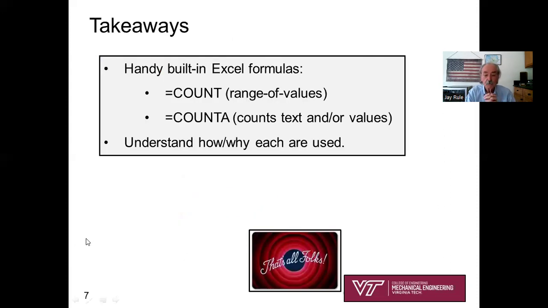So here are our takeaways. We just covered equals COUNT and equals COUNTA. Don't forget to start with that equal sign when you're typing out formulas. And also, of course, understand how and why each one is used. Each is different and each has its own advantage.